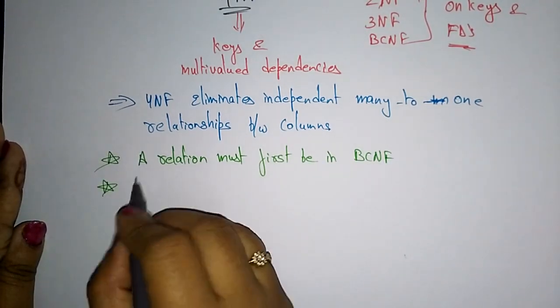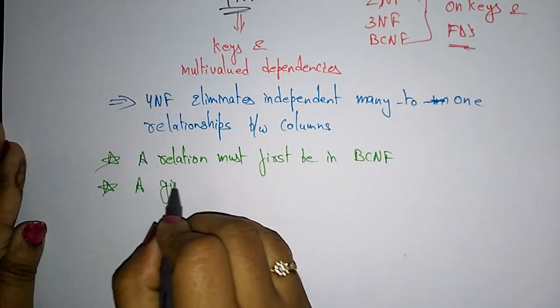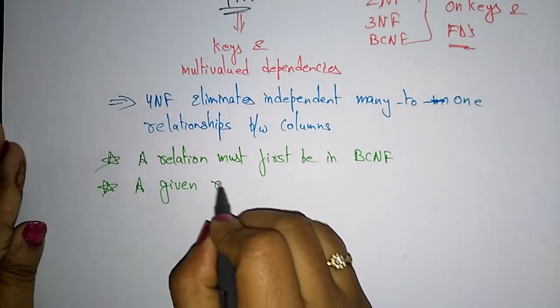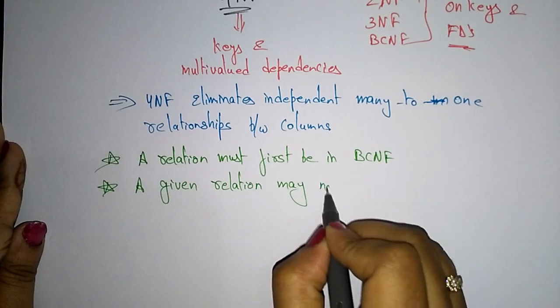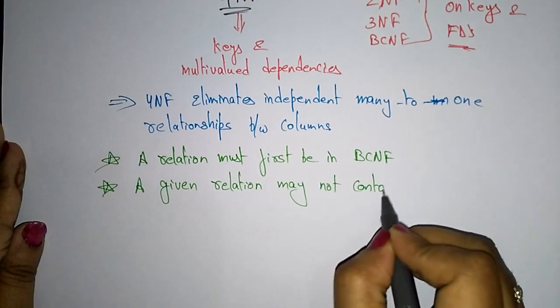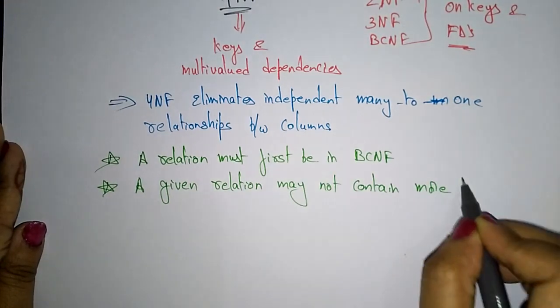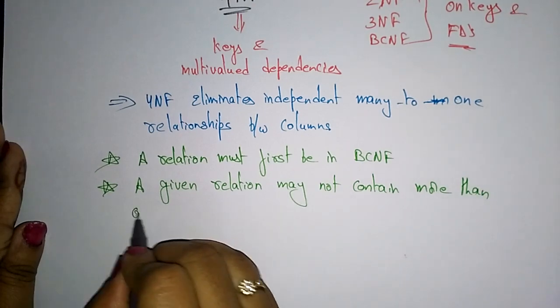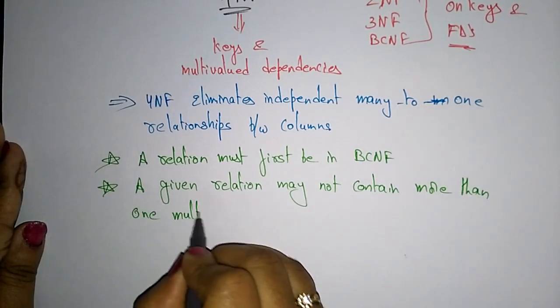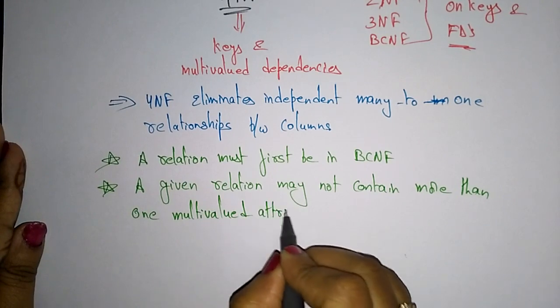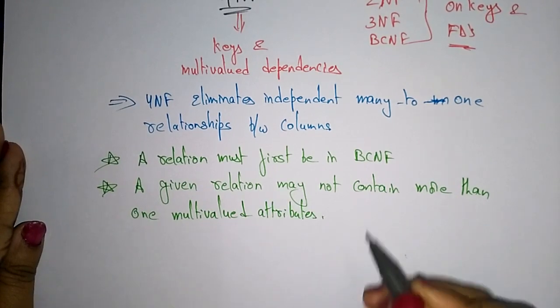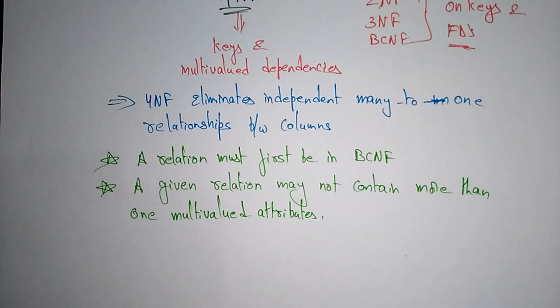And the next condition: a given relation may not contain more than one multi-valued attribute. Whatever relation you are converting into 4NF, that table may not contain more than one multi-valued attribute.